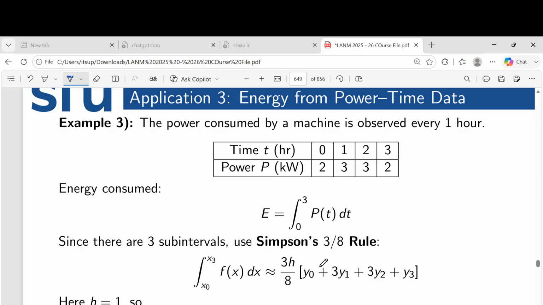Now we apply the Simpson 3/8 rule. So what is the formula for Simpson 3/8 rule?